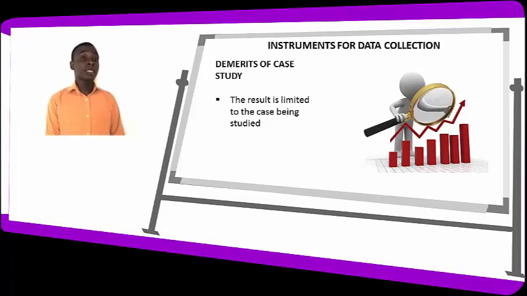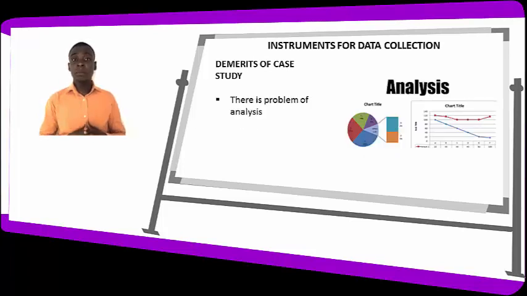So the results we get from that study are only limited to Etiosa local government. Every other local government in Lagos State apart from Etiosa would not be reflected in that study. So that's one of the demerits of case study. And number four, there could be a problem of analysis in case study.